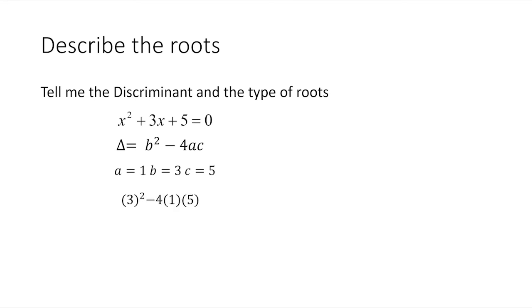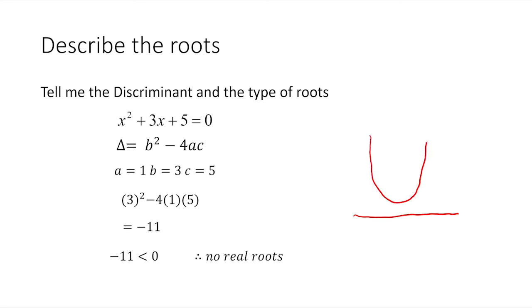Substituting these values gives us 3 squared minus 4 times 1 times 5. This is equal to minus 11. Minus 11 is less than 0, and therefore this equation has no real roots, i.e. this function does not cross the x-axis. Here's your x-axis, and here's your very wobbly y-axis.